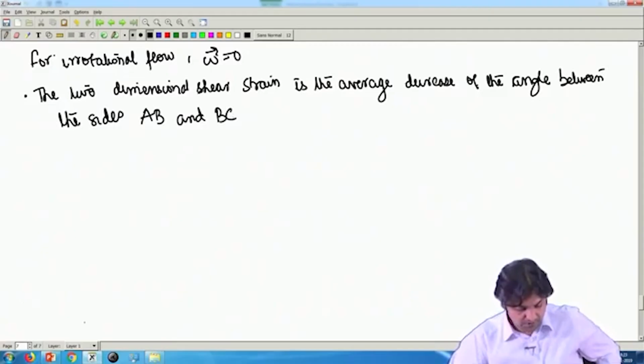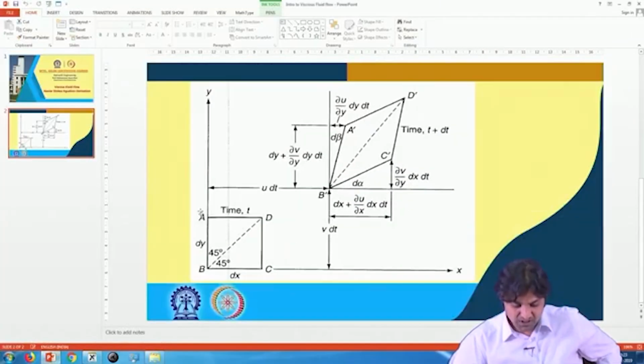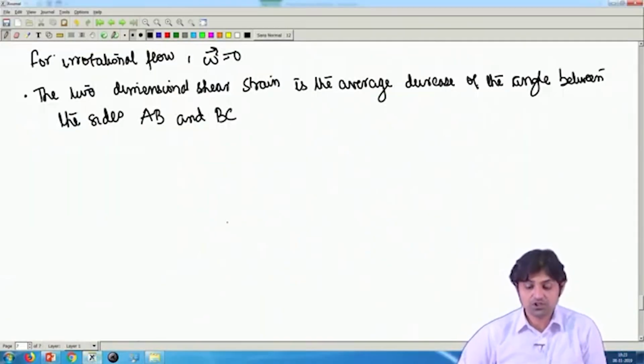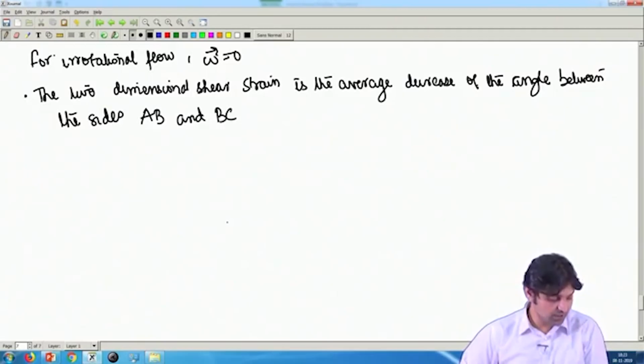If you remember this figure, AB and BC. So, the two dimensional shear strain is the average decrease of the angle between the sides AB and BC.